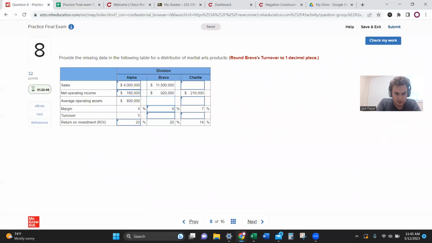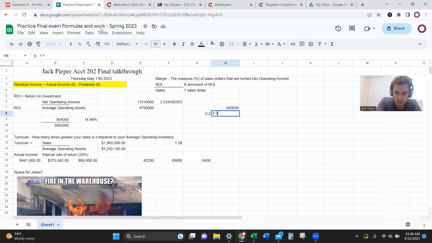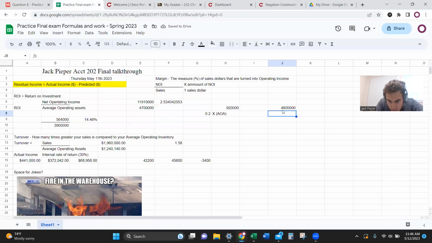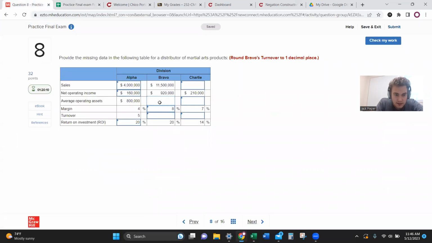I'll label it: we're solving for average operating assets right now. Then you can multiply or you can divide. We'll do this divided by this. We get 4,600,000.